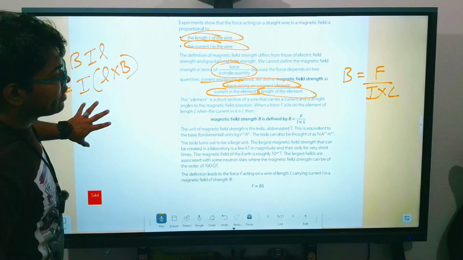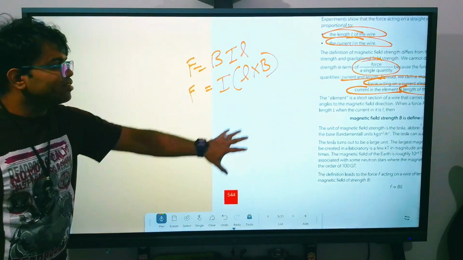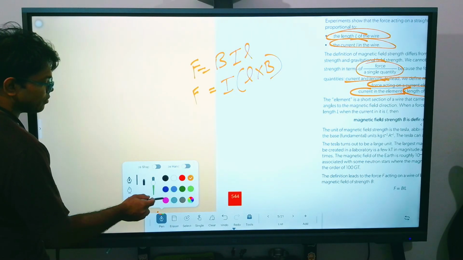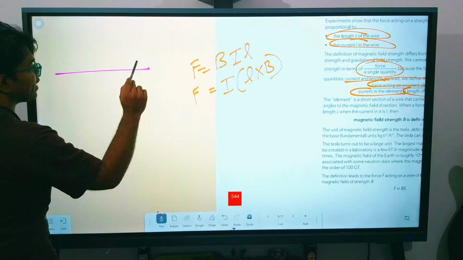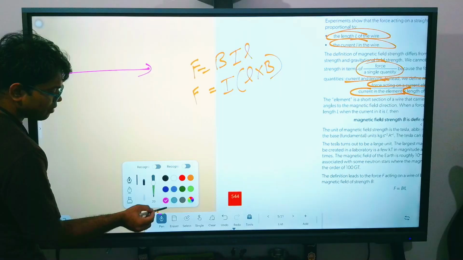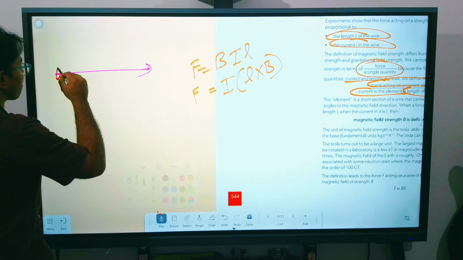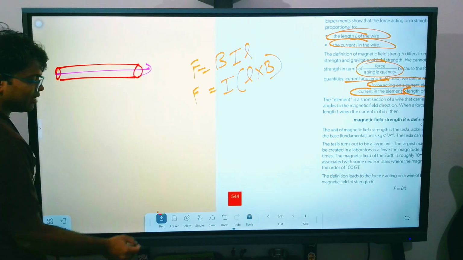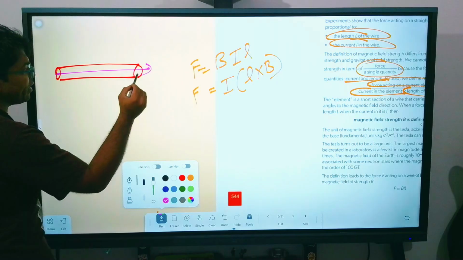I'm going to explain to you the same law of Fleming using this logic. Look at this. You have a current like this. This is a conductor and the current flowing is this pink color.